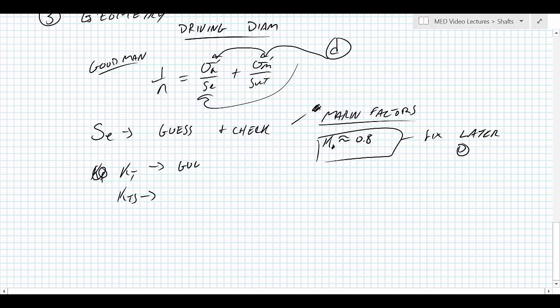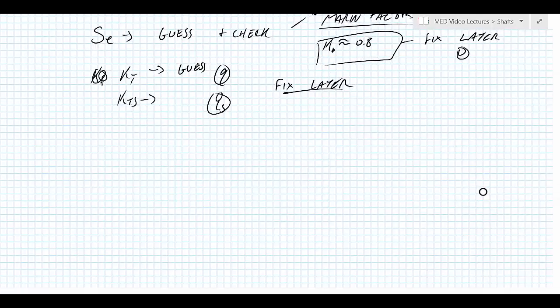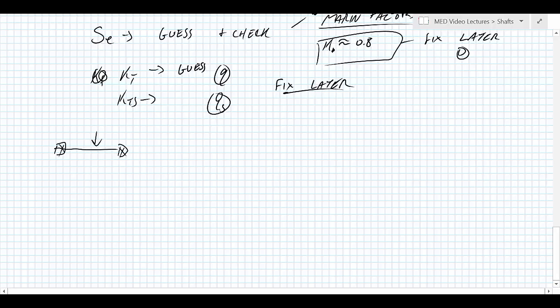Again, we're going to guess some ranges for both the KT as well as the Q values and the QS's, and come back and fix on your second round. So all of this process with the diameter is going to take at least 2 rounds. If we think about how we load this shaft, say we've got some shaft with bearings and some load on it, and we're transmitting some torque through it.